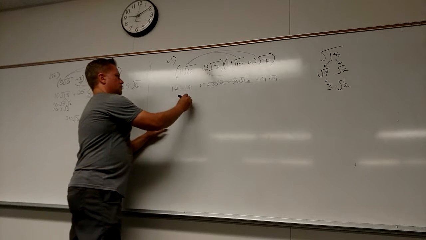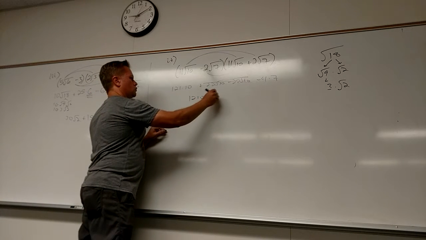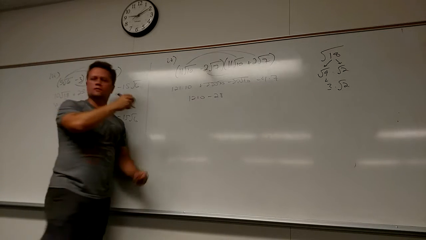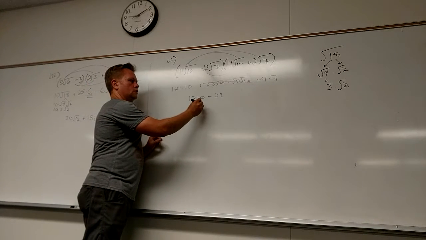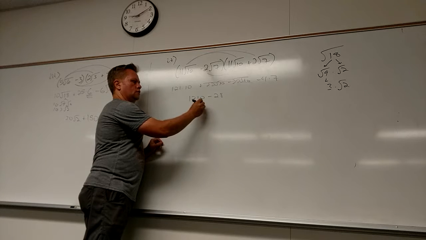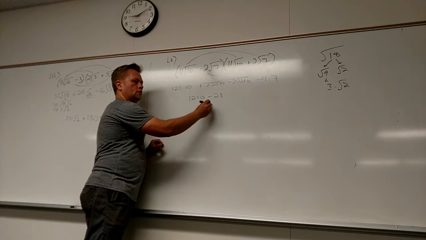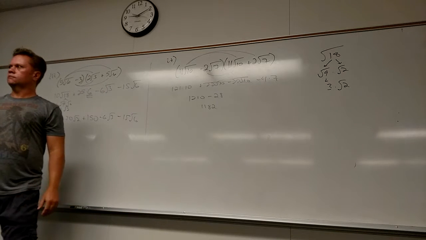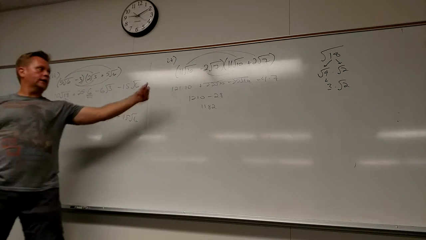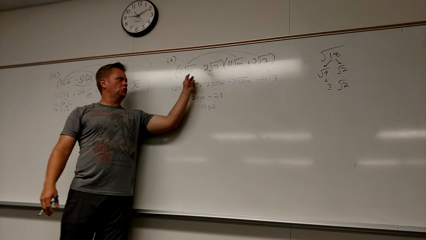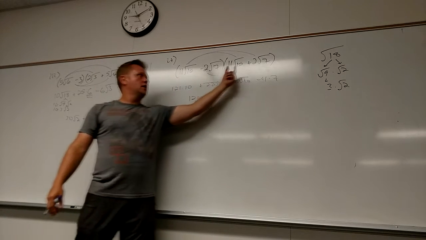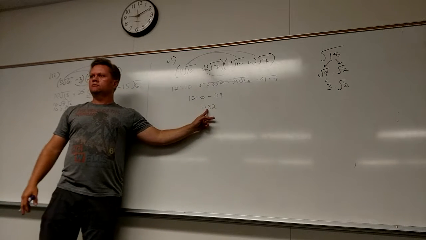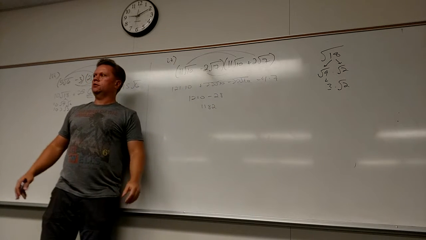So you get 1210 minus 28, which is 1182. So I had a completely irrational number times another crazy irrational number, and it came out to be rational, a nice whole number, right?